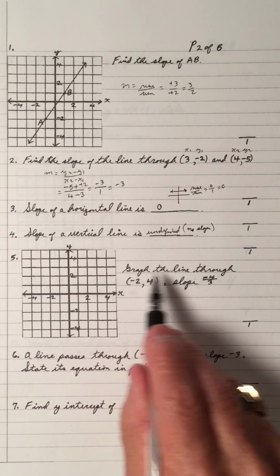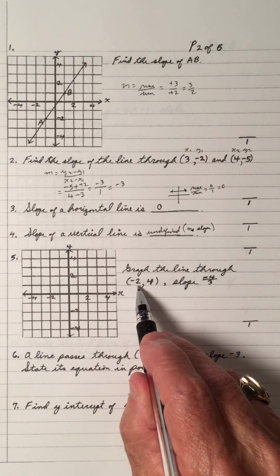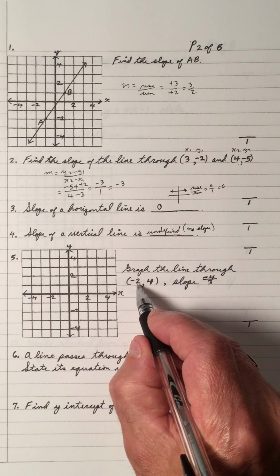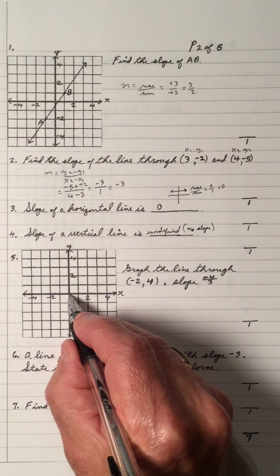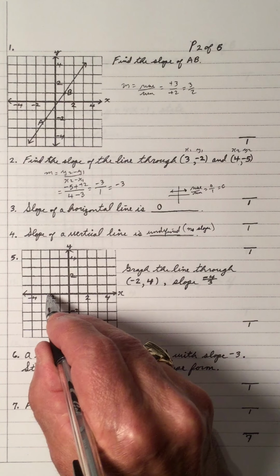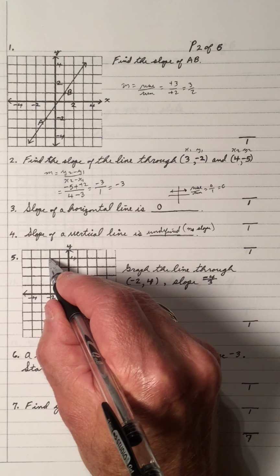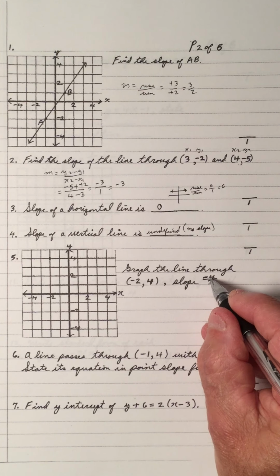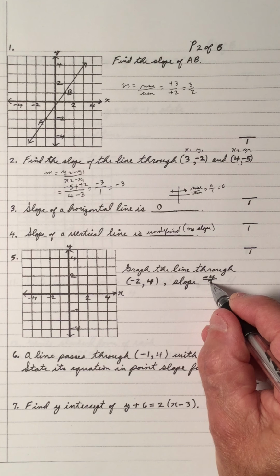And number 5, graph the line through this point with a slope of negative 4 over 3. So let's plot the point negative 2, 4. X is negative 2. Start at 0, 0. Negative 2 on the X, 4 on the Y. 1, 2, 3, 4 right there. So that's the point. Slope is negative 4 over 3. That's down 4, right 3.